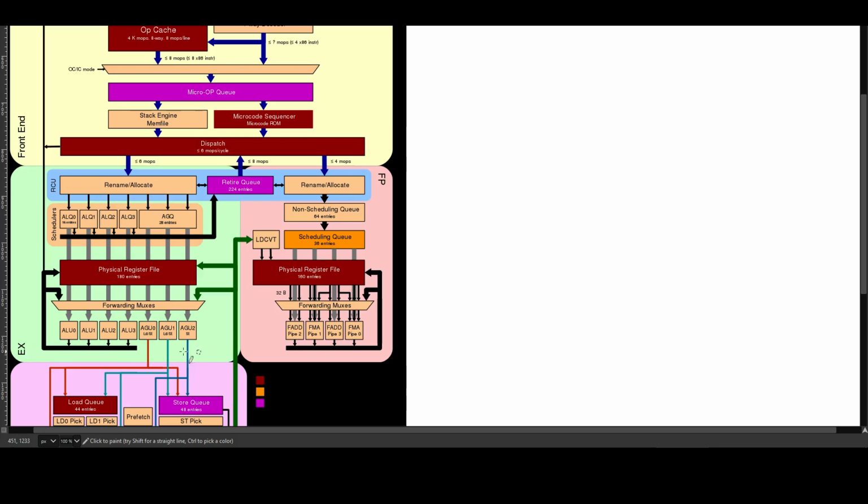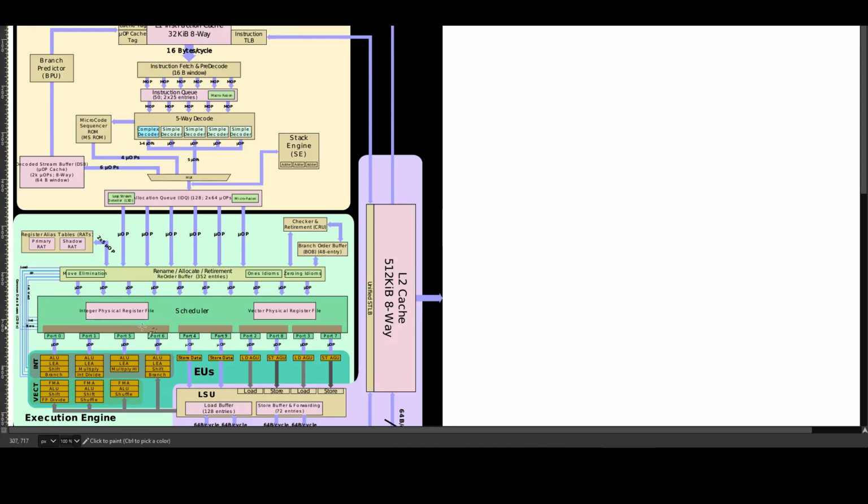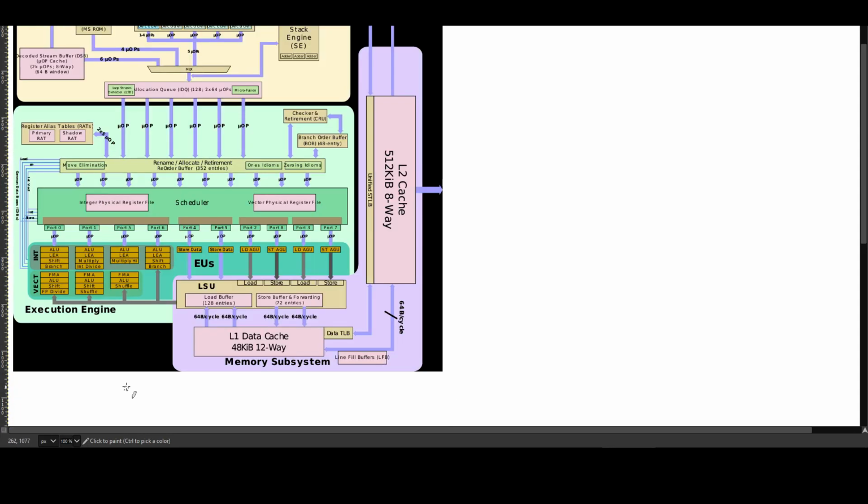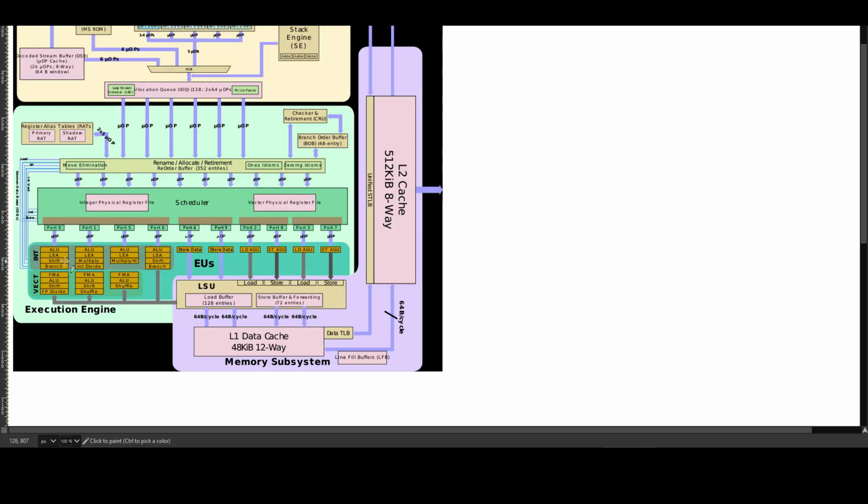On the integer side we have 7 execution paths here, and then on the FP side we have 4 execution paths. This contrasts to Skylake and Sunny Cove, Willow Cove. They're basically the same in the math part of the execution units, more or less. And we can see this portion is actually much narrower.